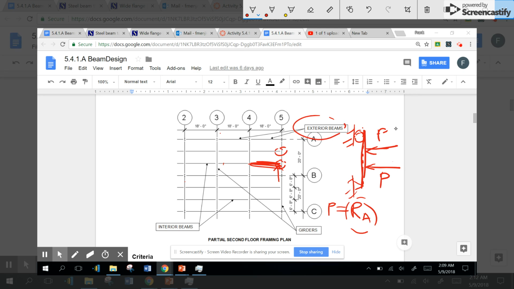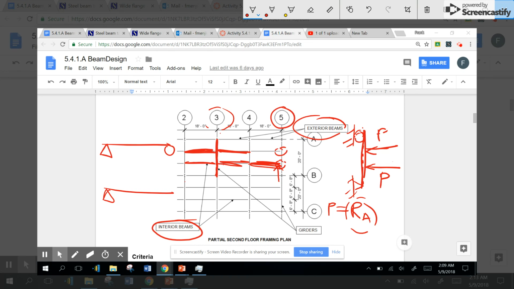Now, what's the difference between the exterior beam and the interior beam? Well, this girder is going to experience a point load from this side and from this side, from this side and from this side. So both girders, whether it's exterior or interior, or whether it's on column line 3 or column line 5, are both going to experience point loads.